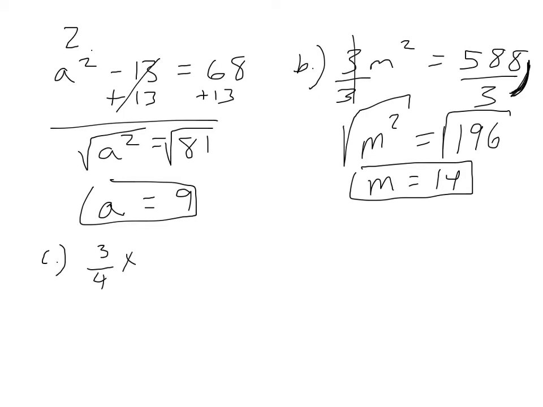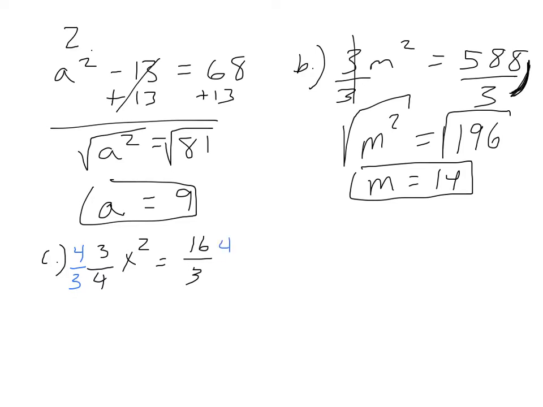3/4 x squared equals 16 thirds. All right, well, you have something that's next to the x, that something is multiplying the x. We can do the inverse operation of dividing 3/4, but we know dividing a fraction is the same as multiplying its reciprocal.